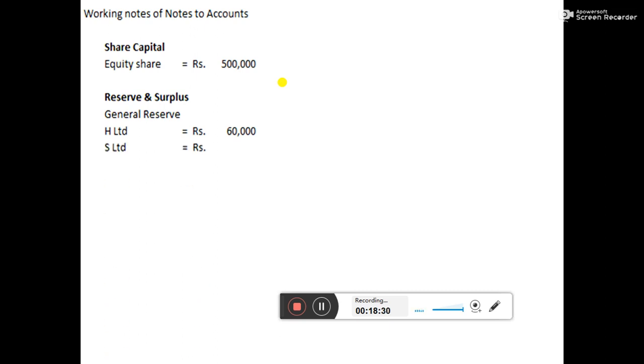For S Limited's general reserve, we have already seen that 10,000 is the change, and out of this 10,000, 75% is the holding share, so only 7,500 will come. So general reserve total is 67,500. This 67,500 will be shown in notes to accounts first, then it will go, after adding in reserves and surplus, to the consolidated balance sheet.